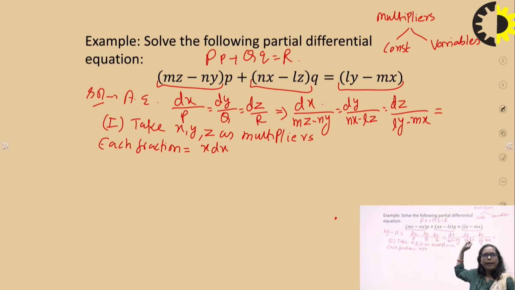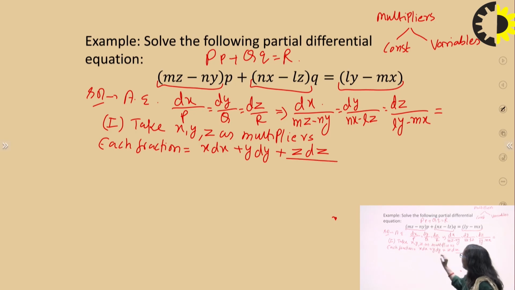The second fraction, numerator and denominator, is to be multiplied by the second multiplier y. So plus, I add this over here, y dy. Similarly, the third fraction's numerator and denominator are to be multiplied by the third multiplier, so this is z dz upon. Look at what we get in the denominator.